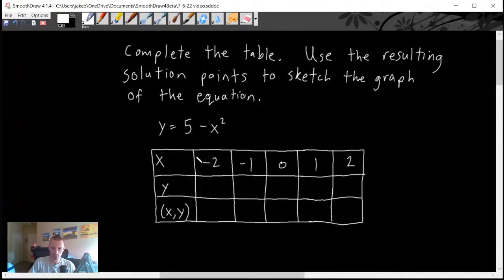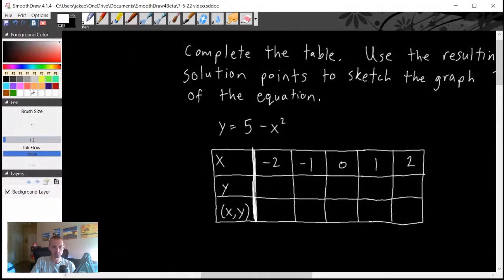I'll make this a little bit thicker so we can see the difference. Basically, we just have these different x values. We need to fill in the y value that corresponds with that based on the equation that we're given. And then we need to rewrite them as xy pairs, which we're then going to graph. So first of all, let's go with pink.